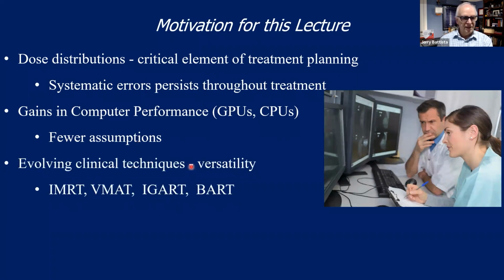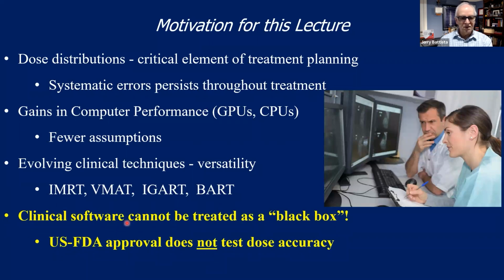There are a lot of techniques that are evolving: IMRT, VMAT, image-guided adaptive radiotherapy, and futuristically, biologically adaptive radiotherapy. So we have to bear in mind that the algorithms that were developed 10 years ago may not be able to cover all of these topics. And finally, this is the one I really want everybody to realize, especially those of you still in training in Iraq: clinical software cannot be treated as a black box.